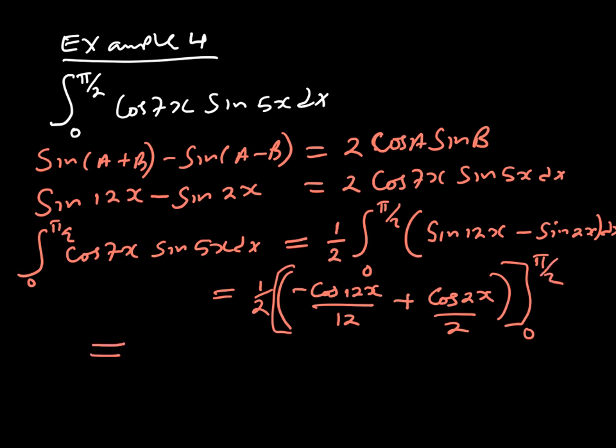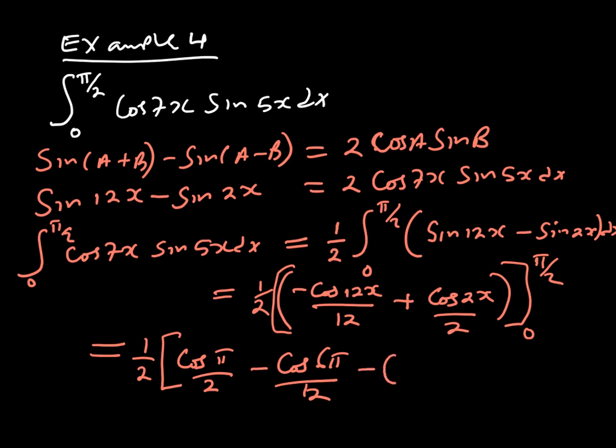So let's feed in the limits. This is a half, we have cosine of pi over 2... minus cosine of 6 pi over 12, then minus the lower limit, which is cosine of 0 over 2 minus cosine of 0 over 2. What do we get?